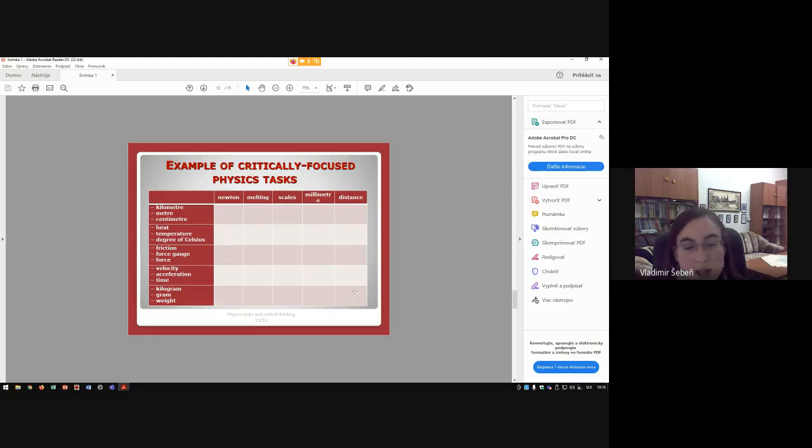In the first line you can see 5 words, and the student's task is to choose which word from the line suits best to each column, to each group. So they have to match a column with a line. This physics task is focused on determining students' analytical thinking.